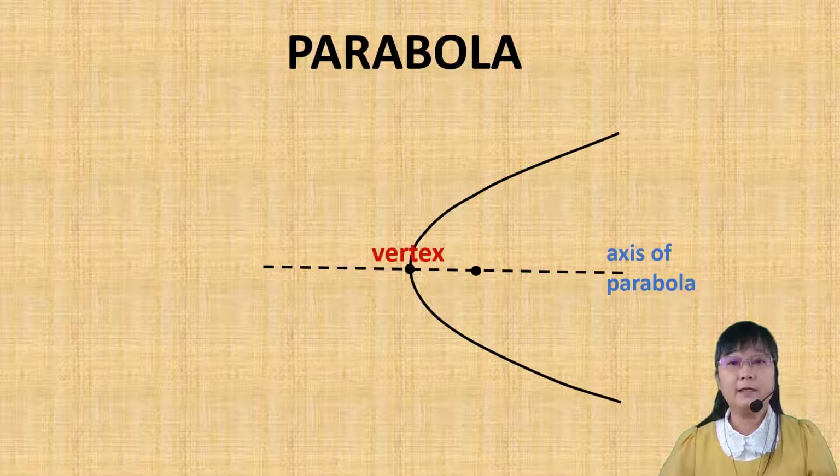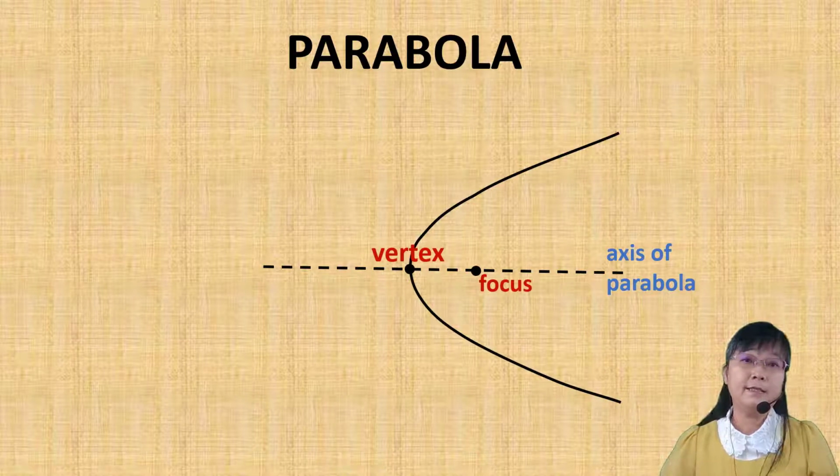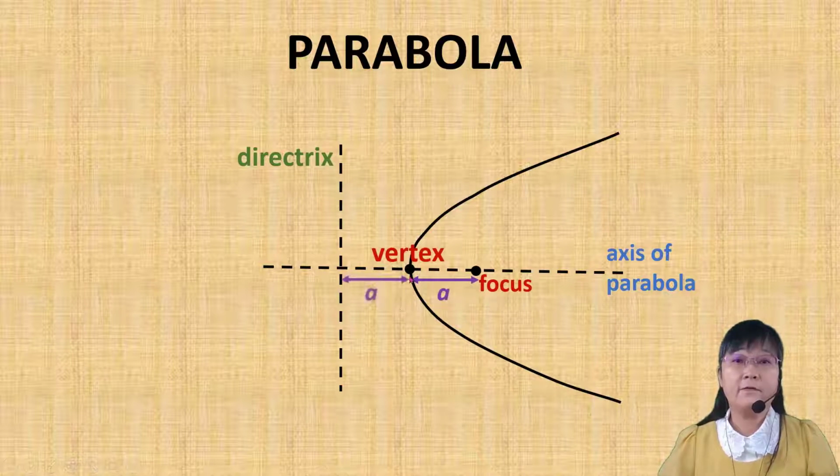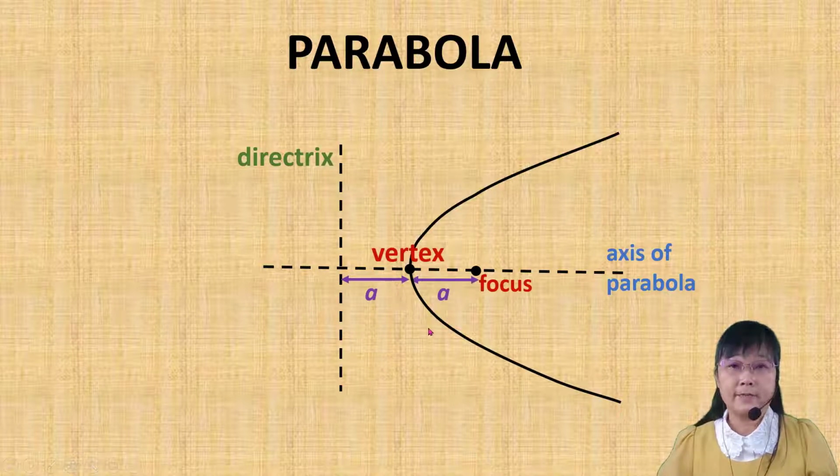Beside the vertex, there is a point that is the focus. And on the other side of the vertex, there is a perpendicular straight line, and we call it the directrix. The distance from vertex to focus and the distance from vertex to directrix are the same.